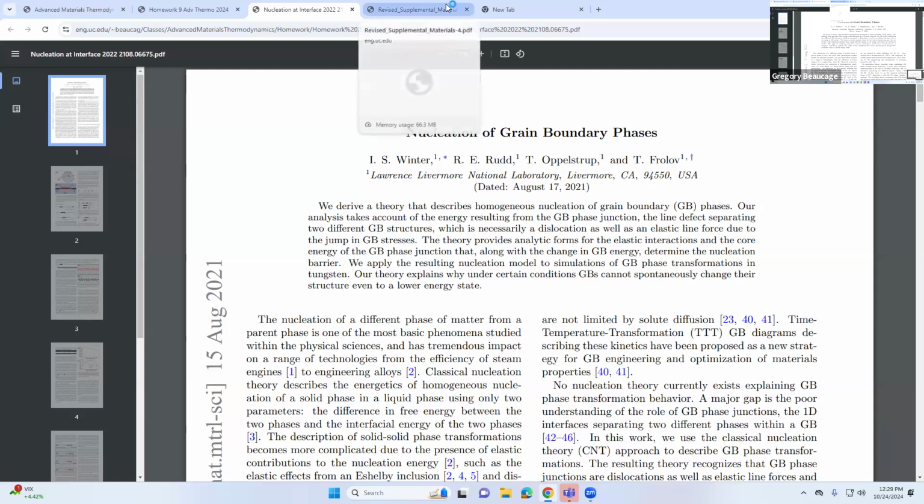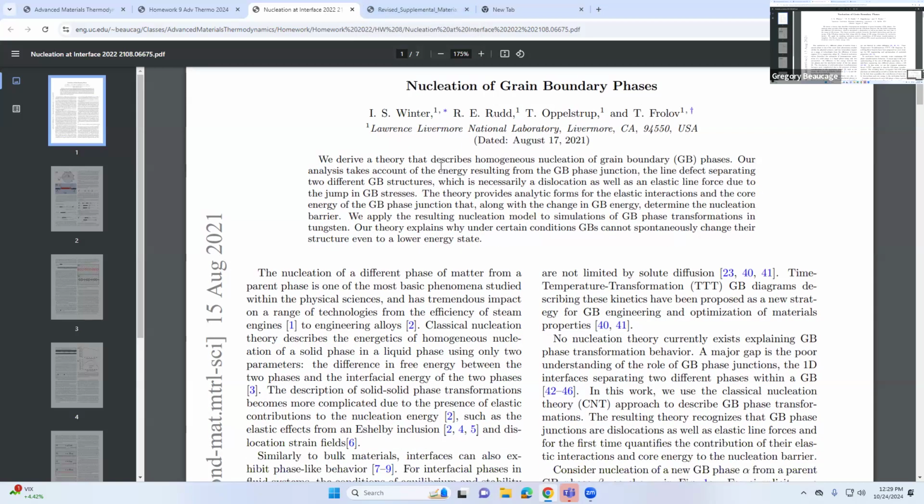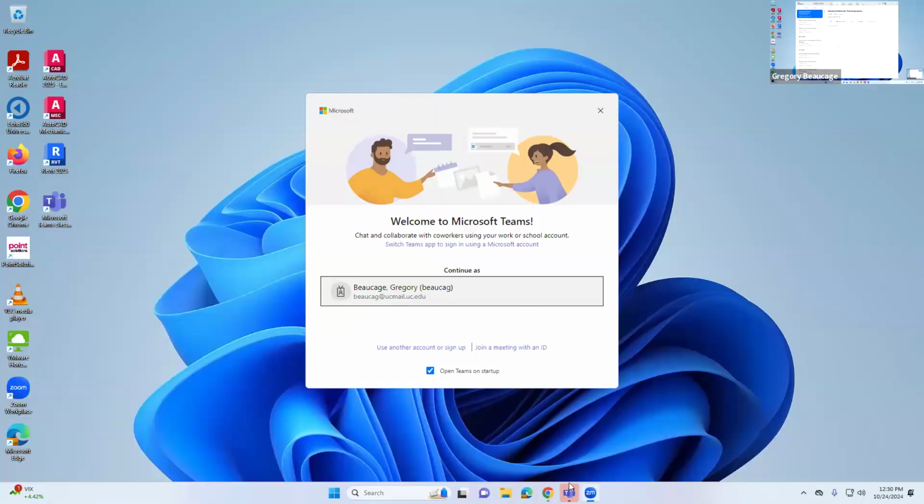I'm just going to get started on this thing. So there's a paper called nucleation. Similar to what we had, let me go back.